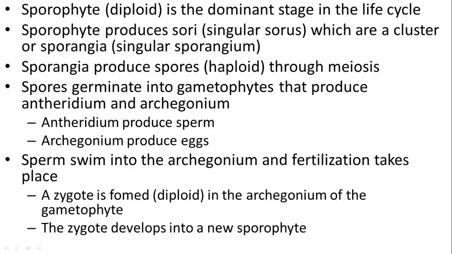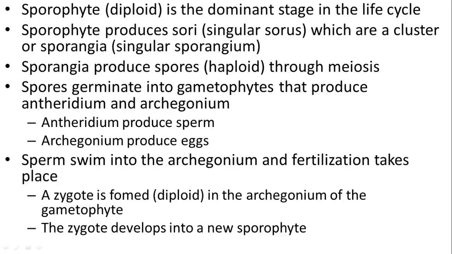And the sporangia produce the haploid spores through meiosis. Those spores then disperse and germinate when they find favorable conditions into gametophytes that produce antheridium and archegonium. Again, like the mosses, the antheridium produces sperm, and the archegonium holds the eggs.